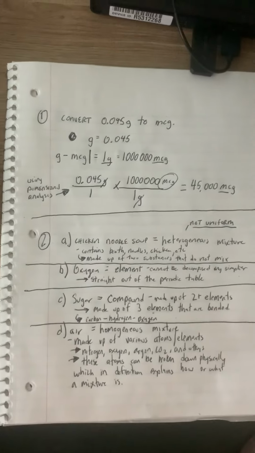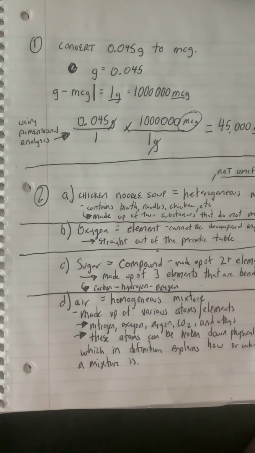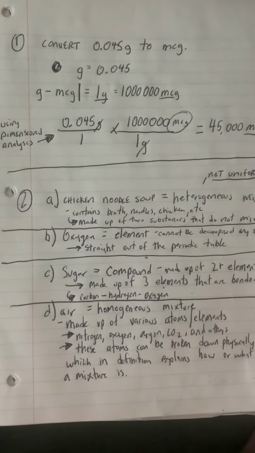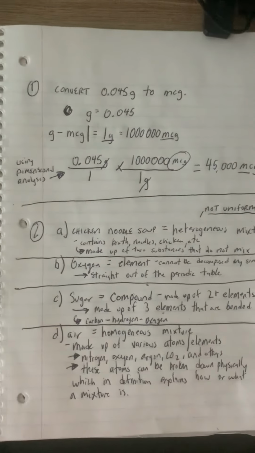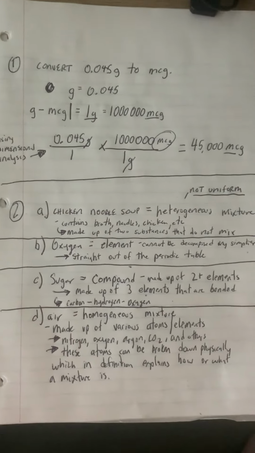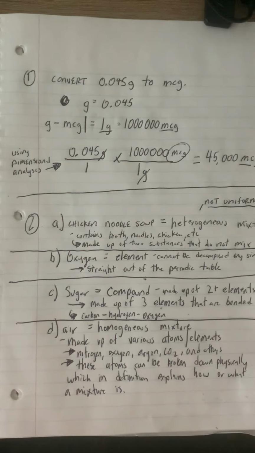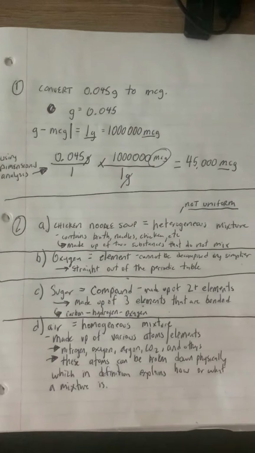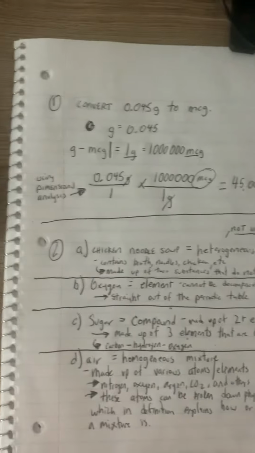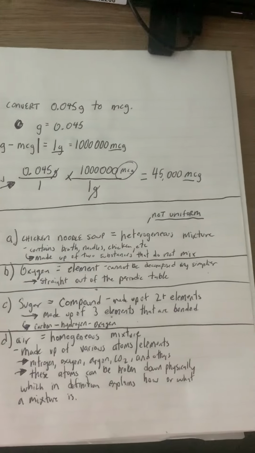And then lastly, for D, you got air, which is a homogeneous mixture, and it's made up of various elements and atoms. You got nitrogen, oxygen, argon, CO2, and others. And by definition, this cannot be broken down physically, which explains what a mixture is, basically. So every single one of these 4 was one of the 4 different classifications.